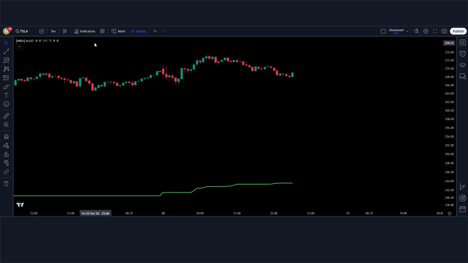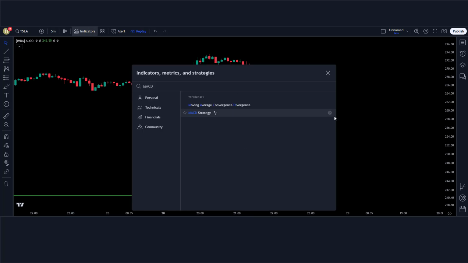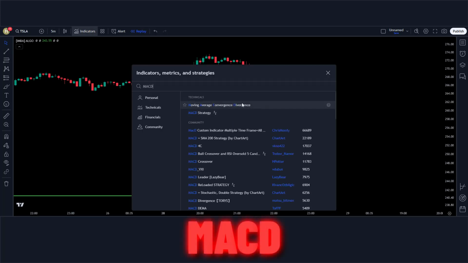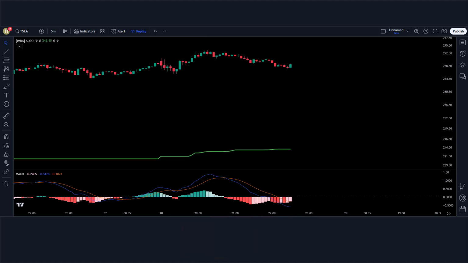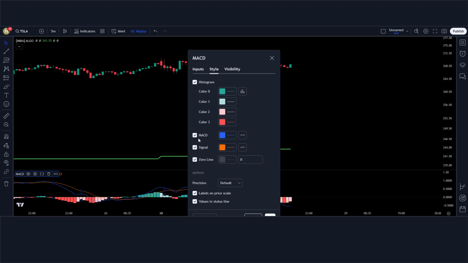After that we have to apply another indicator on the chart. The second indicator name is MACD. Keep the indicator settings as I have shown here.